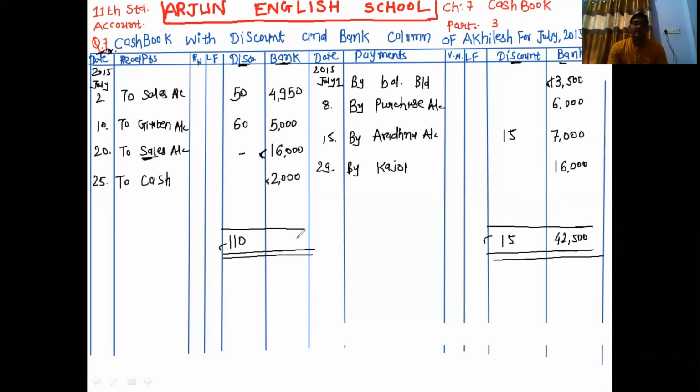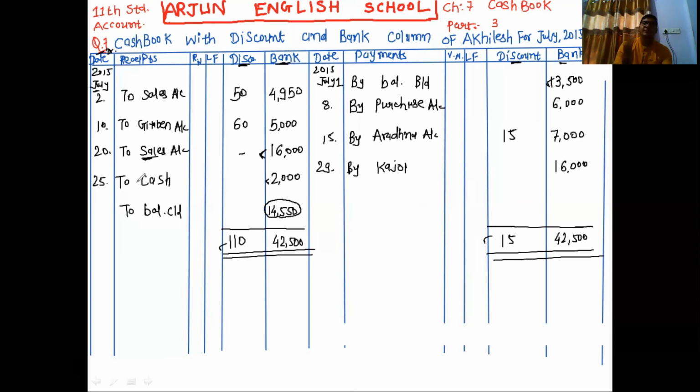The same total we have to write down on the debit side, 42,500. And now for the difference, we have to deduct all these entries from 42,500, and the amount comes to 14,550. This is called balance carried down, and this is for the month of July.